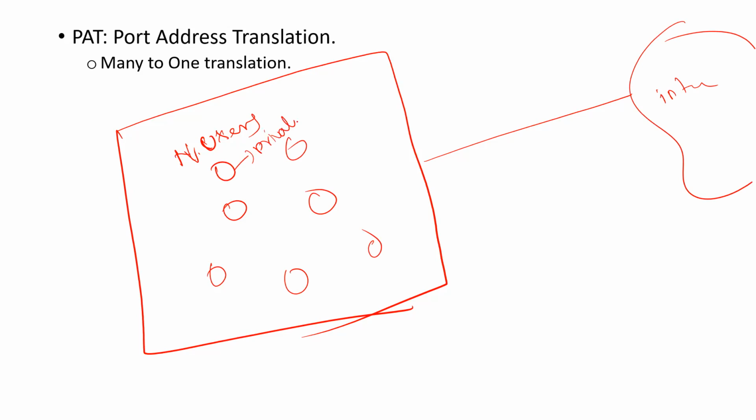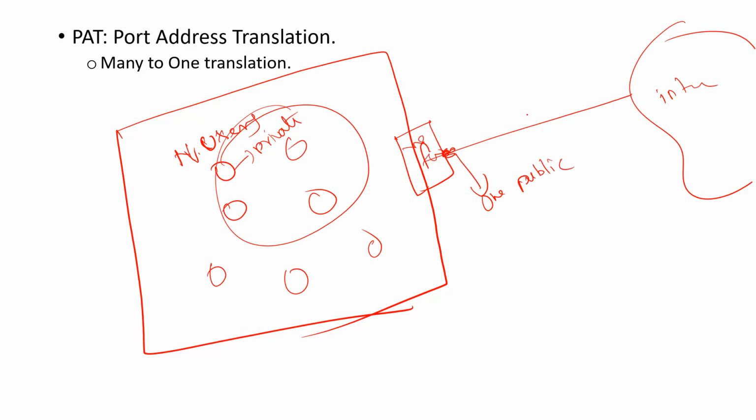When you configure NAT on the firewall or router, everyone in the inside network who tries to access the internet will be mapped to one public IP address only.